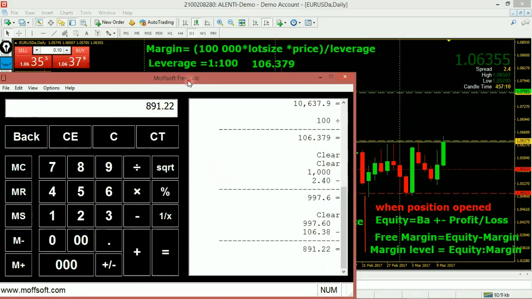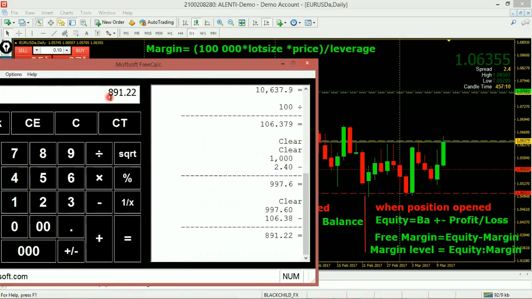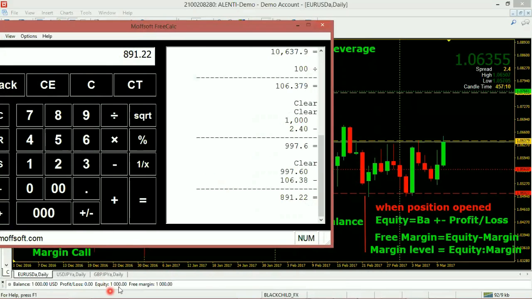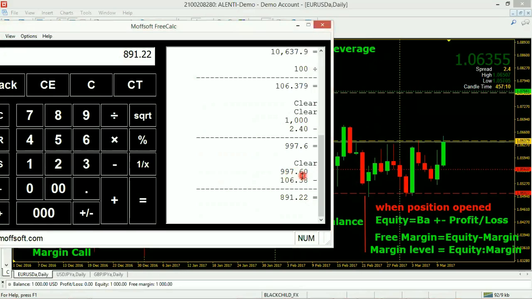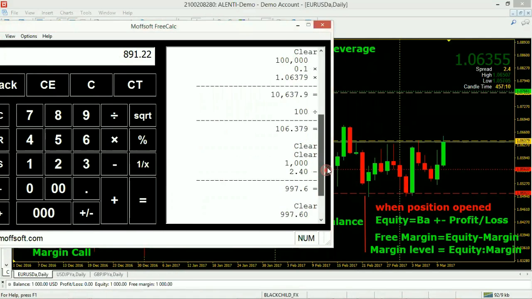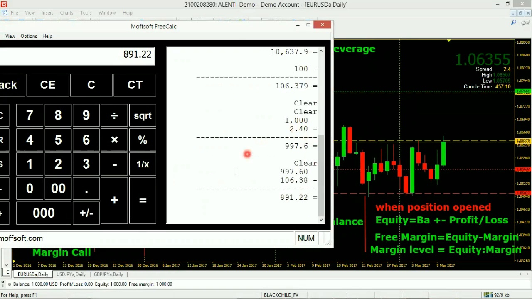So our free margin will be $891.22. That will be the amount which will appear here as a free margin, and that $997.60 will be the amount which will appear here as your equity, and your $2.40 loss will be the amount which will appear here as your profit and loss.